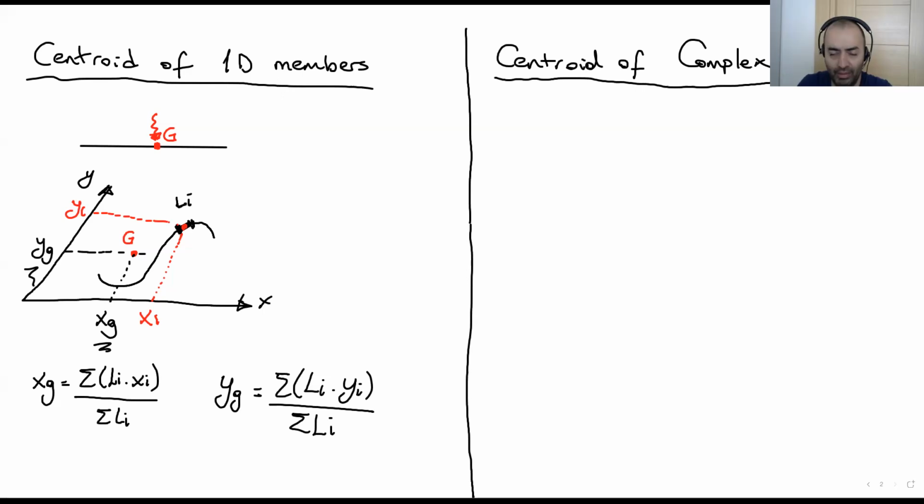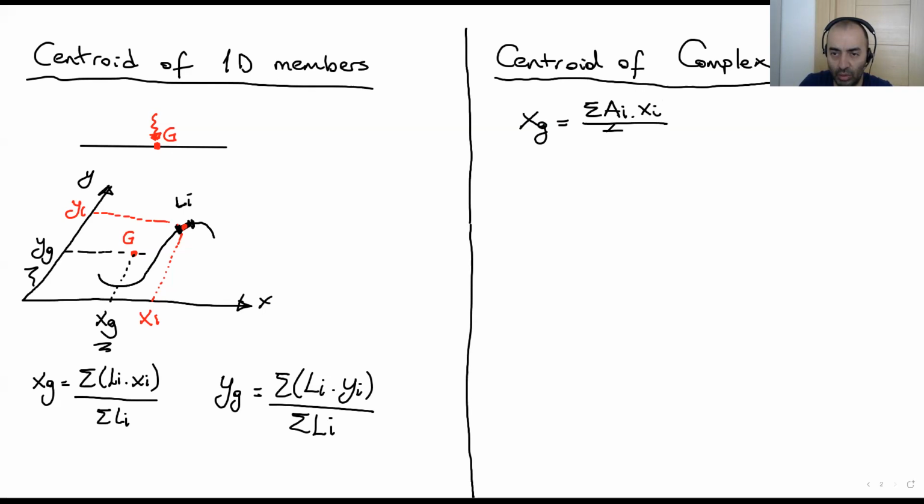Okay, let's say we have a two-dimensional member. What were our equations? Xg equals total ai times xi over total ai. Oh, I made a mistake here. We are looking for xg.